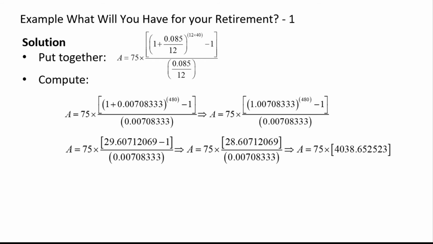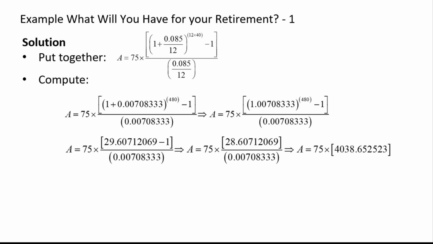In your calculator, key in 1.00708333, raise that, that's what looks like an upside down V on your calculator, to the power of 480, and write the full expanse of the digits you see on the calculator. Should be something pretty close to 29.60712069, still minus 1, that's in brackets, divided by the denominator remains unchanged.